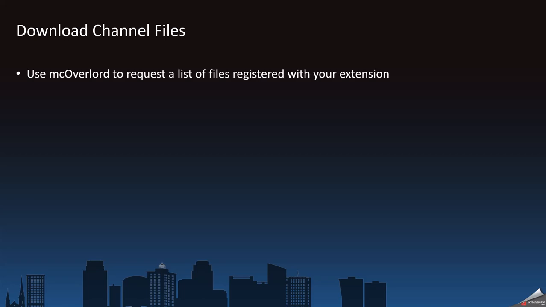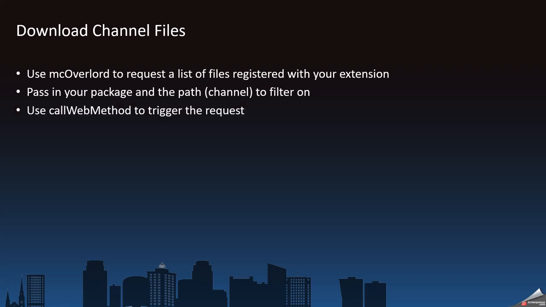So to do this, we use this thing called MC overload and request a list of files that are registered with our extension that are on the server. We'll tell it what our package is and how we want to filter for which files we want, which will basically be the folder path of our channel, unless you want less files than that.